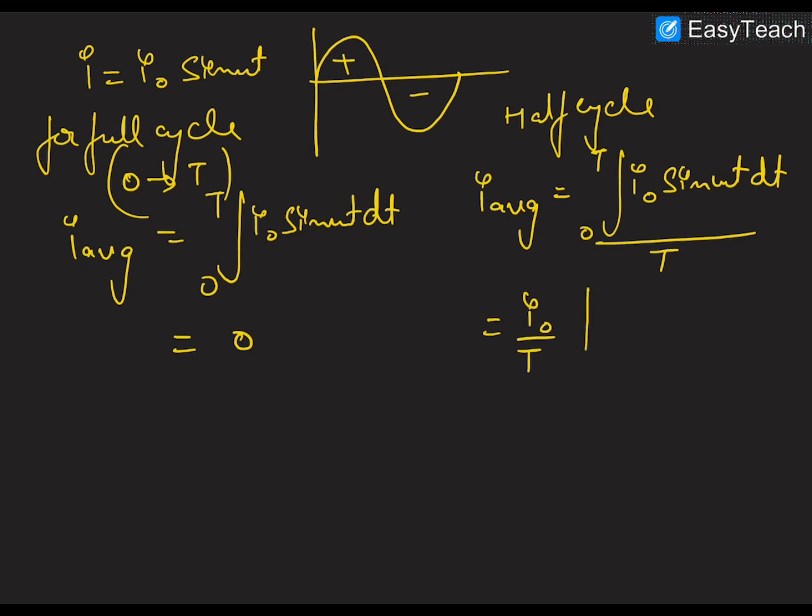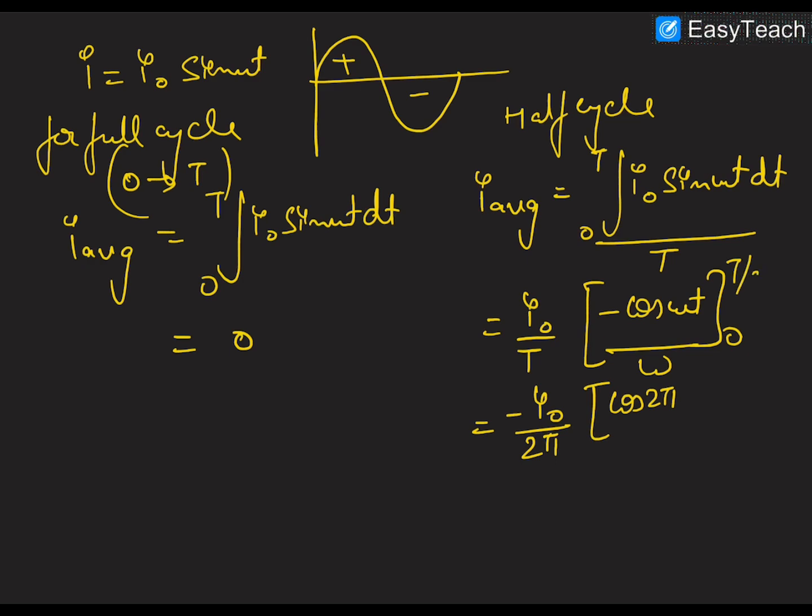The integration of sine is minus cos omega t divided by omega, the limit will be from 0 to T by 2, and this will be equal to minus I naught by 2 pi, because omega is 2 pi by T, so we have cancelled that with T. And this is half cycle, so obviously the time is T by 2, and this is 2 pi by T, minus cos 0, and this is cos pi.